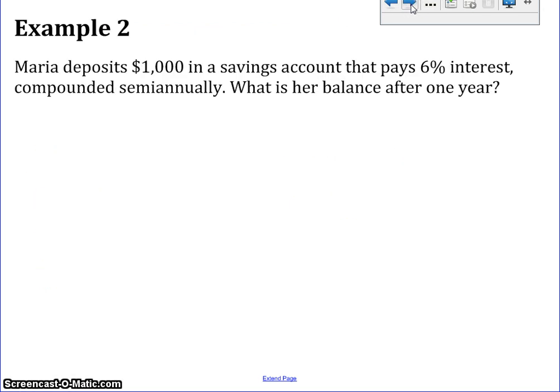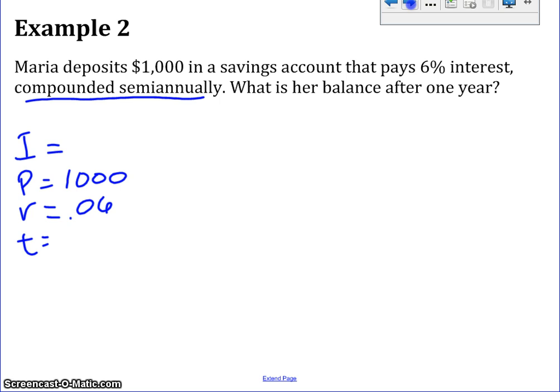Okay, now for the next example, it says Maria deposits $1,000 into a savings account, and it pays 6% interest, so that looks kind of familiar. It's still $1,000, and it still pays 6% interest, but it's compounded semi-annually. Now remember, semi means half, and annual means year. So it compounds every half of a year, and there are 2 halves to 1 year, so the time is half of a year, because time is always expressed in terms of a year.